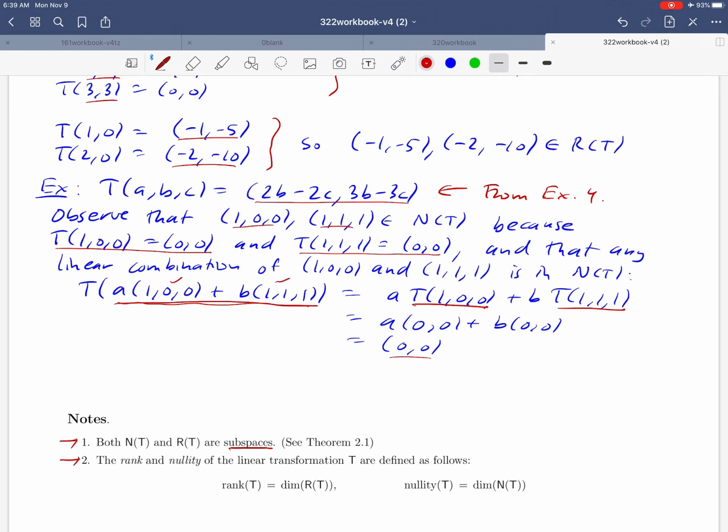And since they're such important subspaces, we give names to their dimensions. The rank of a linear transformation is defined to be the dimension of the range, and the nullity is the dimension of the null space. We're going to do a lot of talking about these definitions over the remainder of this section.